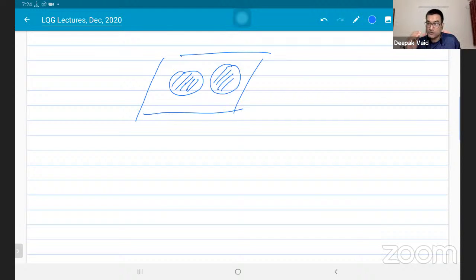So that gives you a discrete approximation to a metric. Then you can ask, what is the distance between points or elements of this tile? But before that, you don't have such a possibility.